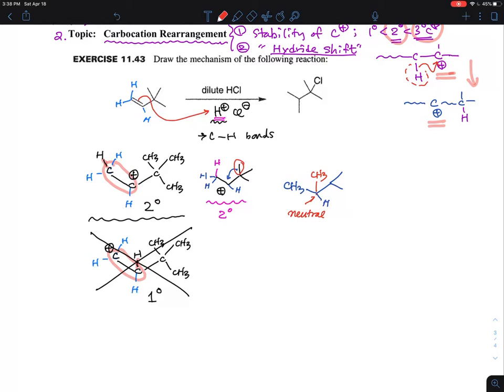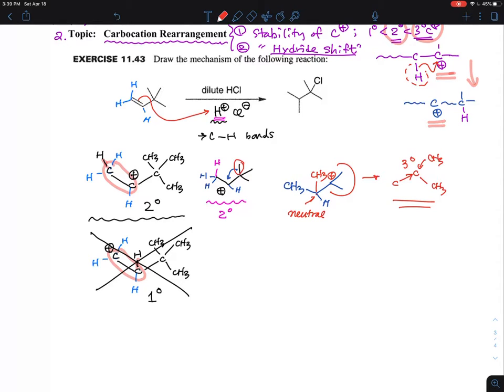And then all of a sudden you are going to have this. So if you're looking at this portion, there is a carbon with CH3, CH3. That's the tertiary carbon from the secondary carbon here.